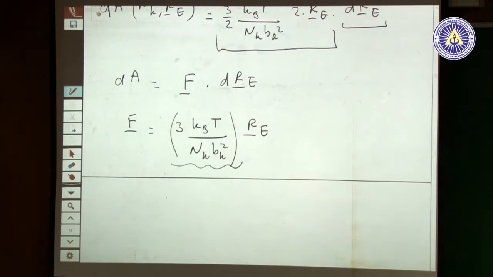When you try to stretch the chain, you are experiencing a force because if you stretch the chain, you are reducing the number of possible states it can occupy, and that is this S term that we have calculated, right. And so, when the entropy drops, you are reducing the number of states it can occupy, and then the chain resists it.